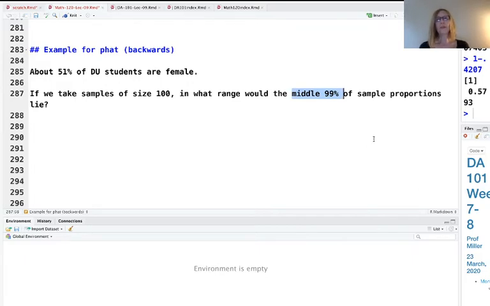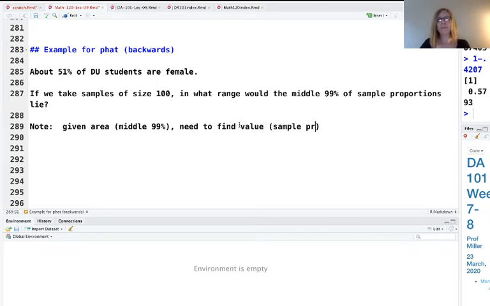In other words, this problem tells us an area, and we need to use that to find what the original value had to be. Note, we're given an area, middle 99%, and need to find a value. Here, that's sample proportion. That's why it's a backwards problem.